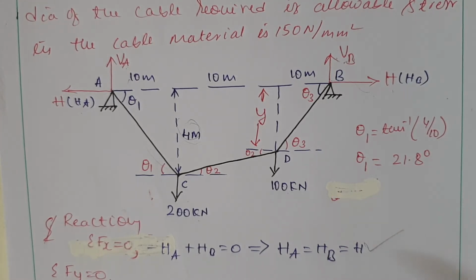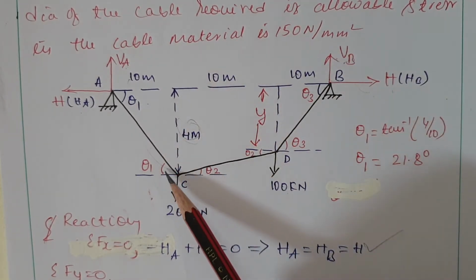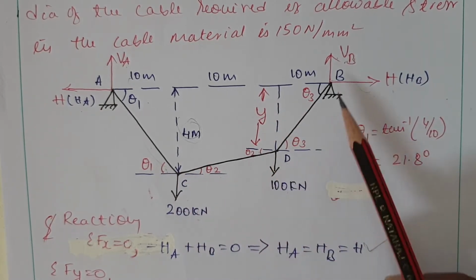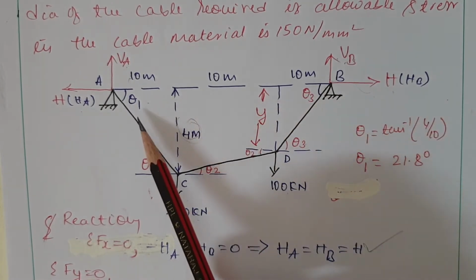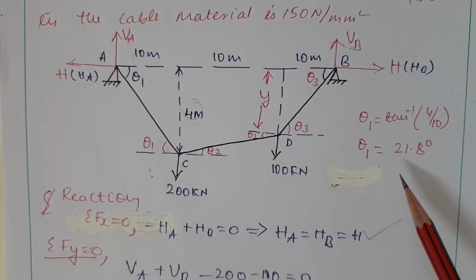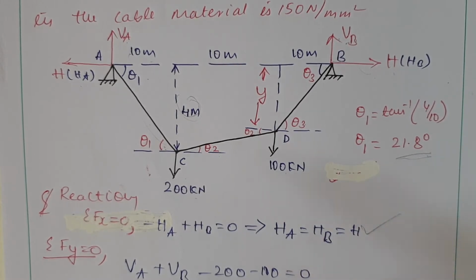Following the method of joints, we need the angles. Theta 1, by alternate angles, is the same on the other side, and likewise theta 2 and theta 3. For theta 1, the opposite side is 4 and the adjacent side is 10, so theta 1 is 21.8 degrees.